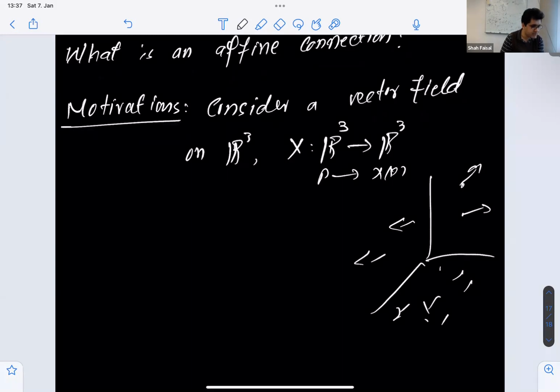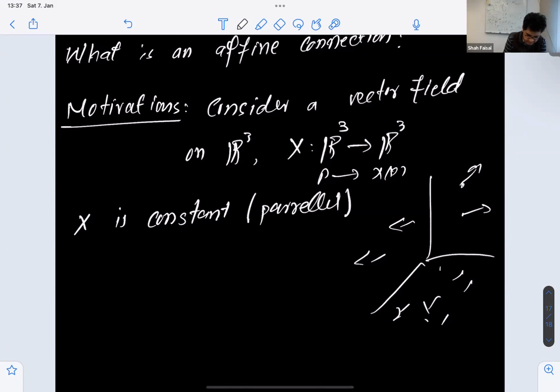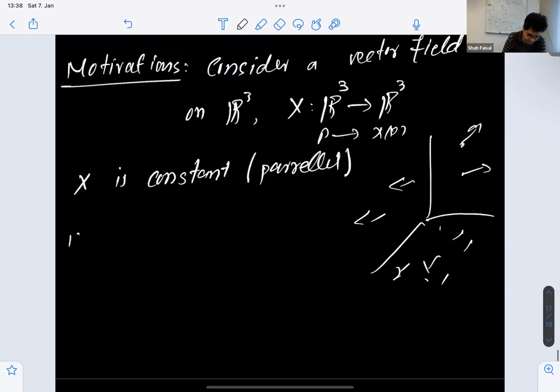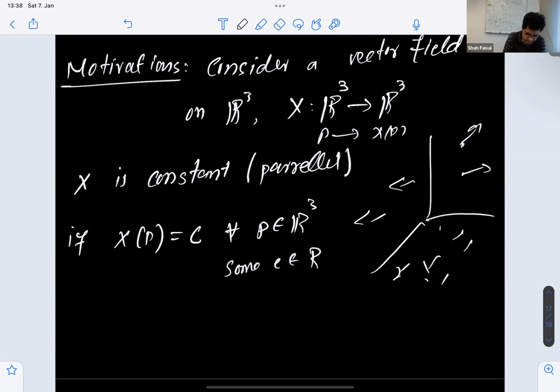You know what it means to say a vector field is constant in Rn? So X is constant, or parallel. You can say parallel as well, if it equals some C for all points, some fixed vector, and this vector field is equal.